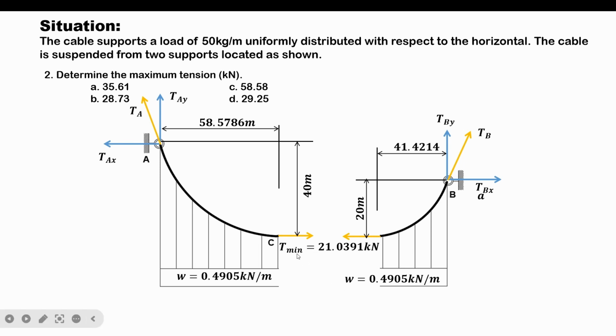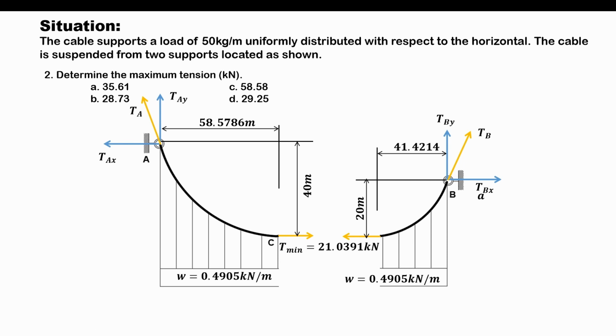So we have here the value of the minimum tension, or the tension at C, which is equivalent to 21.0391 kilonewton. Here, we can see that this tension is perfectly horizontal because the tangent at the vertex is horizontal, and that's the principle behind it, that the tension at any point on the cable would be collinear with the tangent at that point.